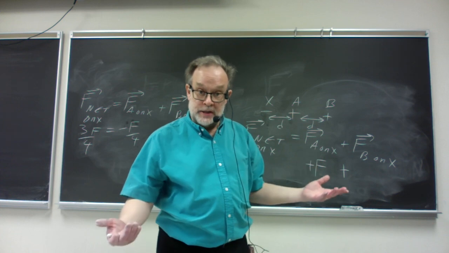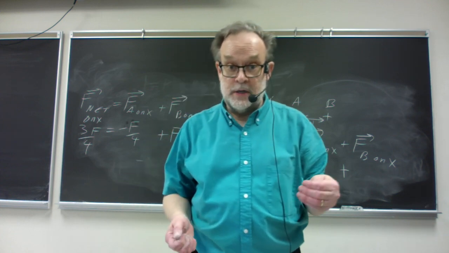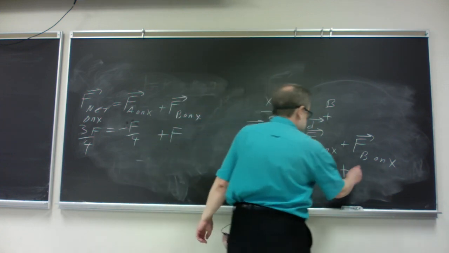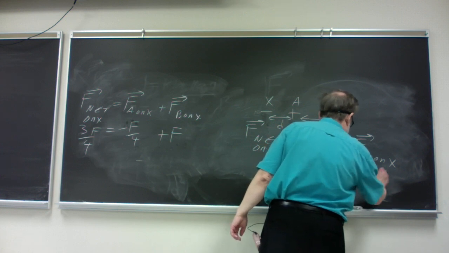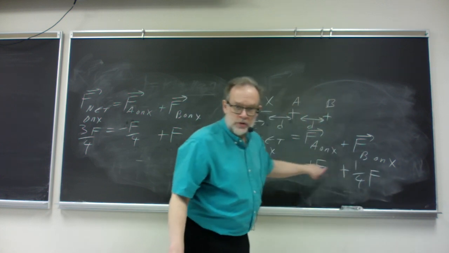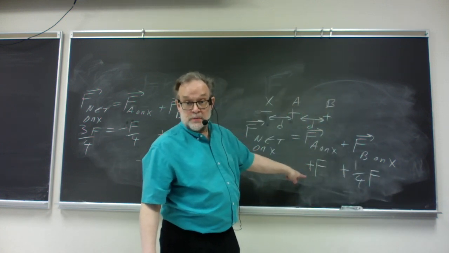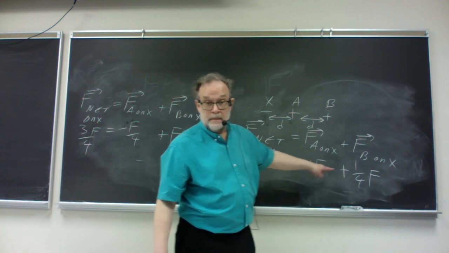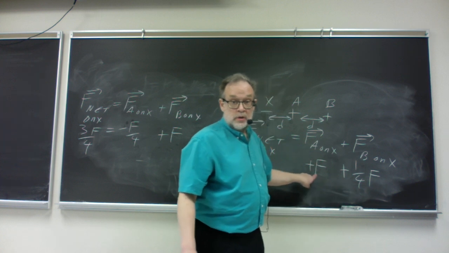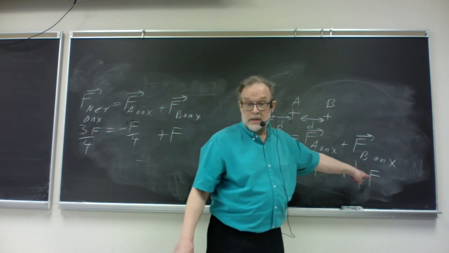Again, you've doubled the distance, so you've cut the strength of the force down to 1/4. This force is only 1/4 as strong as this force, which was twice as close as this, because A was twice as close as B.